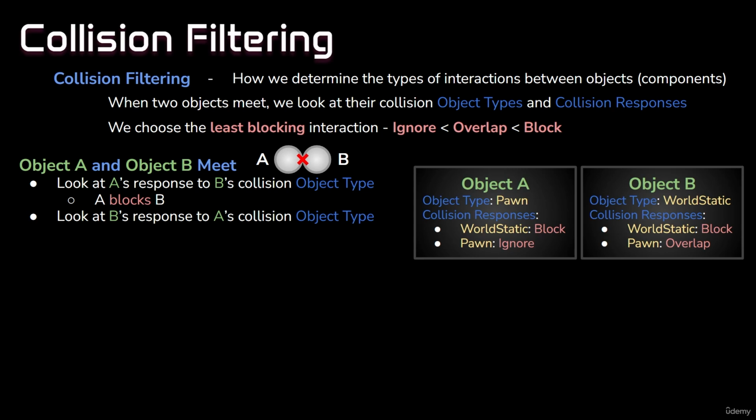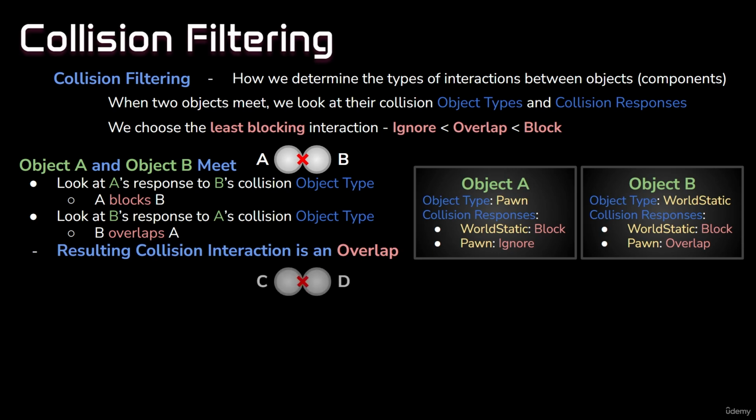Object A has the type pawn, and B has overlap against pawn. So B has an overlap response to A. So we have two conflicting responses, block and overlap. So we choose the least blocking of these two interactions, which is overlap. So the resulting collision interaction between object A and object B is overlap.